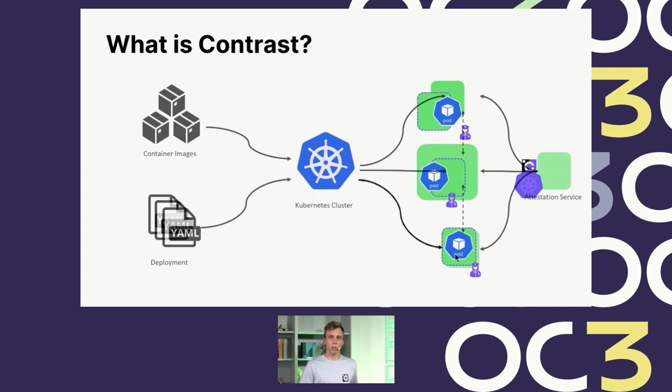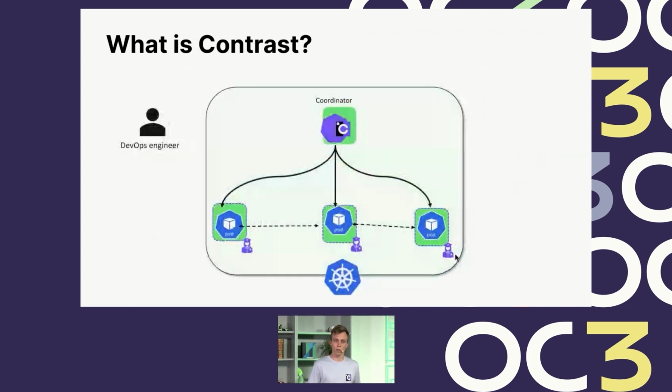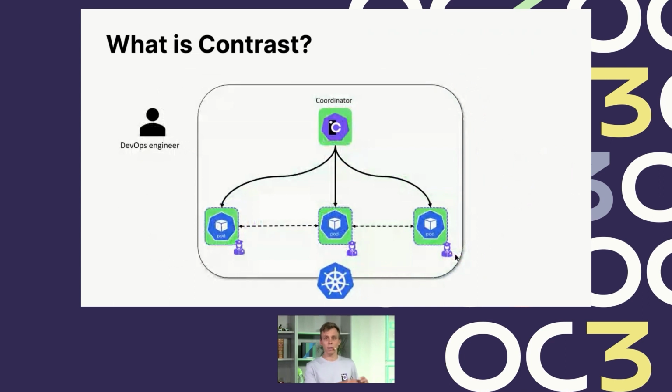So when we flip this image over, this is how we implemented this with Contrast, where we run this attestation service inside the cluster, inside its own confidential container, which means we can get an attestation statement and verify the identity and the integrity of that coordinator attestation service. And then we provide it with a configuration file, which we call the manifest.